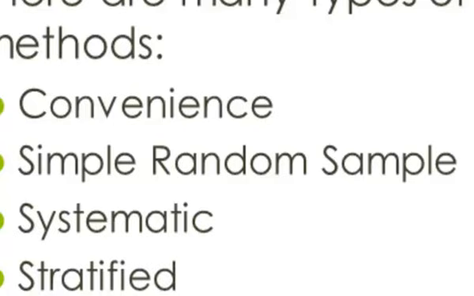Person 1 and person 2 and person 3 and person 4 and person 5, they all have the same chance of being picked out of the hat, okay? If you're talking about taking 3 people in that sample, you could just as easily pick out of the hat person 1, 2, and 3, or you could pick out person 1, 3, and 5, or 1, 2, and 4, and so on. That's a simple random sample.